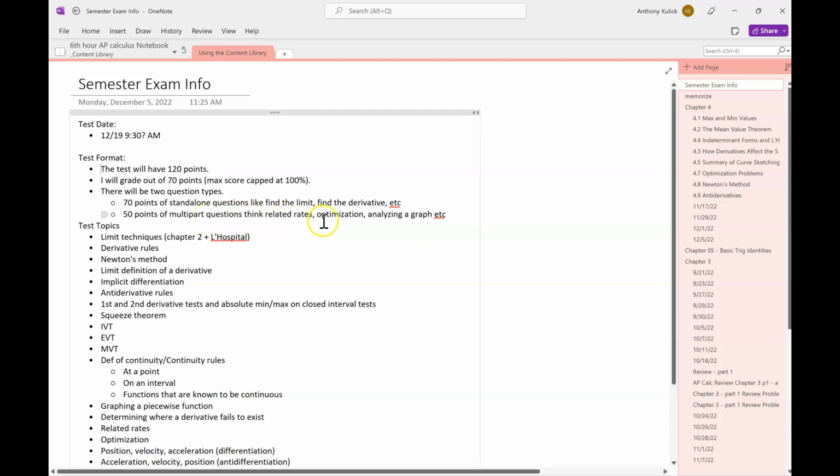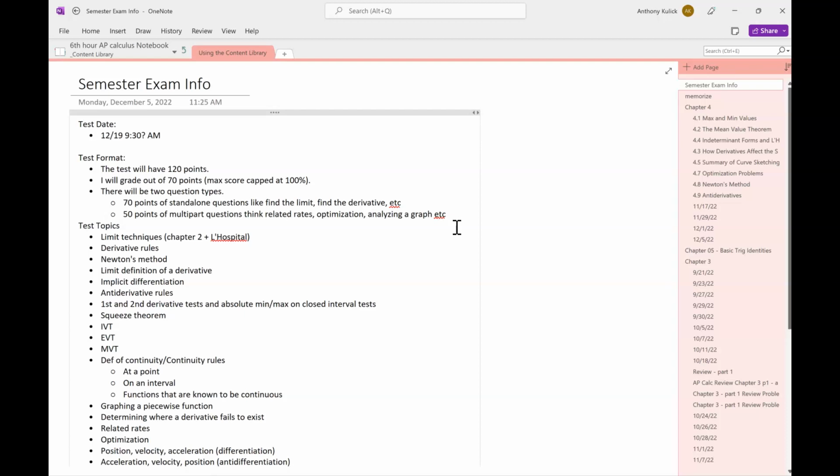So think about the more complicated topics like related rates and optimization, or analyzing a graph, where that process can be kind of long and complicated, and allows me to help you step through, leave some breadcrumbs for you, and turn the problem into something a little bit more doable.